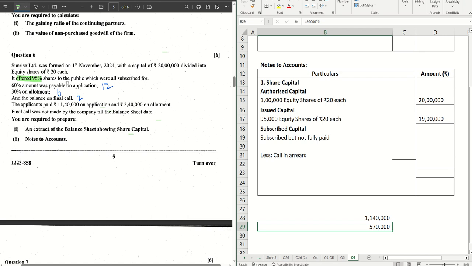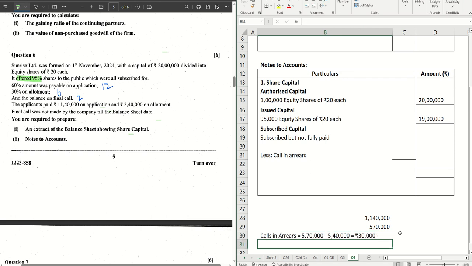However, people only paid 5 lakh 40,000 on allotment, so we have a defaulter. Calls in arrears will be 5 lakh 70,000 minus 5 lakh 40,000, which equals 30,000. This will sit here against calls in arrears. We can straight away put that amount first since we have already got that.